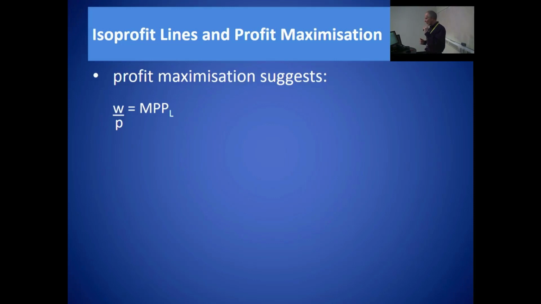At the beginning of this lecture, I said that the slope of the isoprofit line was W over P, the wage over the price of output. We've also said previously that the slope of the short run production function equals the marginal physical product of labour. The marginal physical product of labour shows how much extra output an additional worker adds.